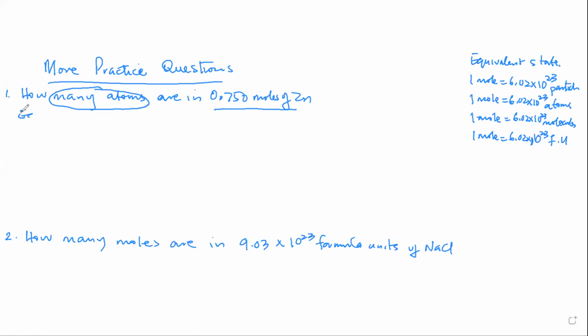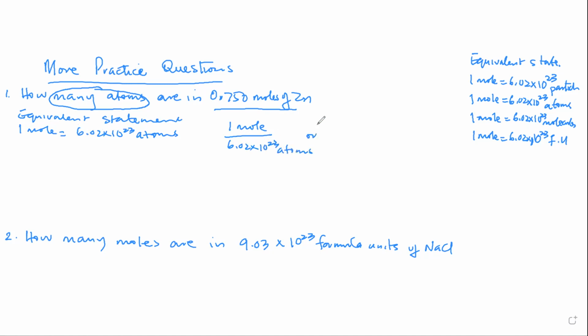So the equivalent statement is 1 mole equal to 6.02 times 10 to 23 atoms. So the conversion factor will be 1 mole over 6.02 times 10 to 23 atoms, or 6.02 times 10 to 23 atoms over 1 mole.